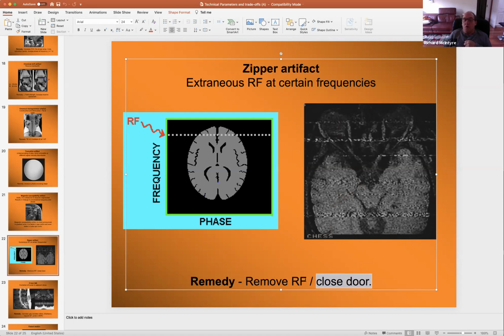Or there might be a light globe that's got a frequency, or there might be a transducer or something that's supposedly MRI safe inside the room that's broken and that's emitting frequency at the same frequency that the machine's trying to detect these images. So it's going to put frequencies along that line of the image.